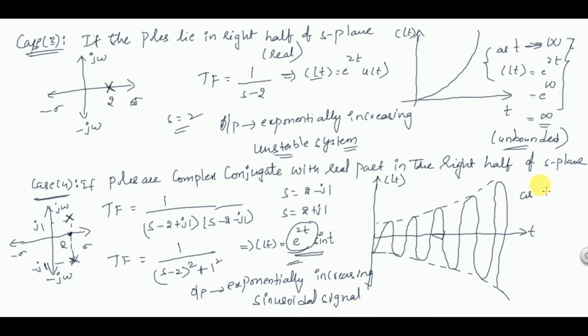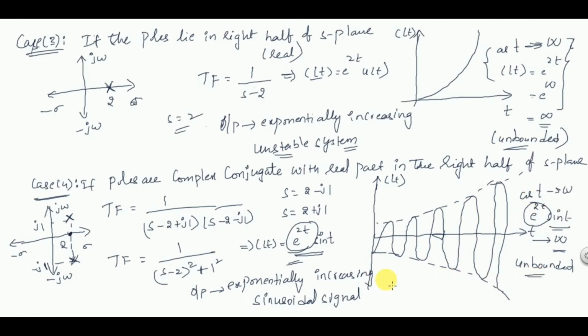As t tends to infinity, e power 2t sine t also tends to infinity, because this term becomes infinity, and infinity into anything is also infinity. So it is an unbounded output. It is increasing exponentially and does not decrease anywhere.